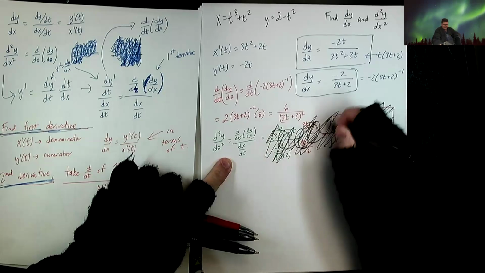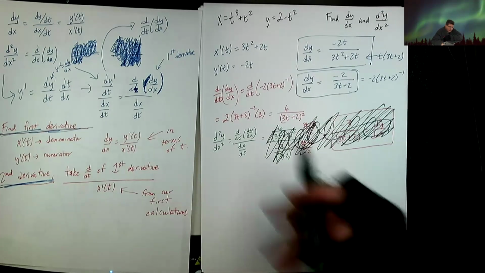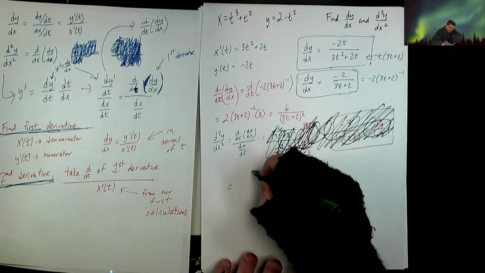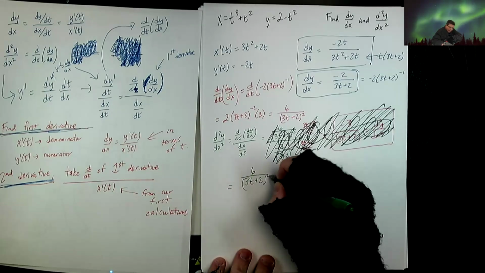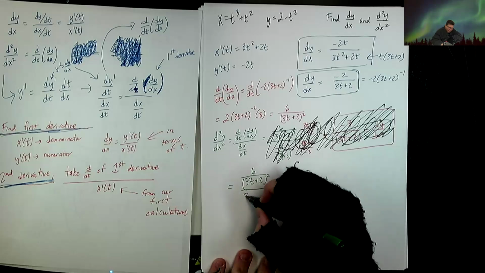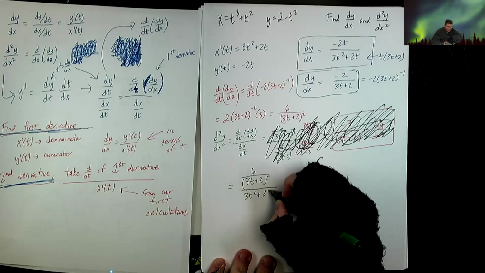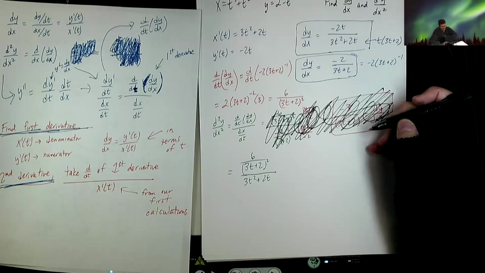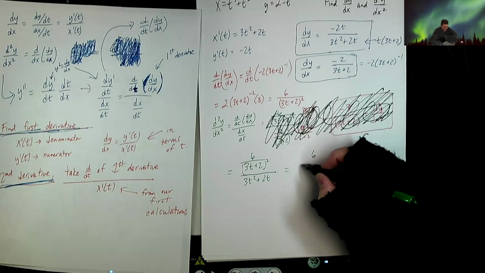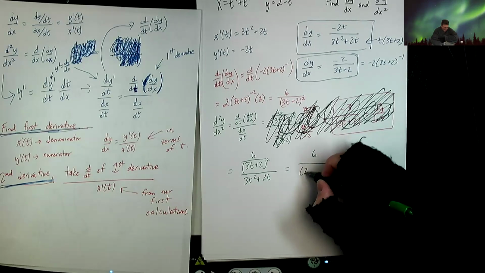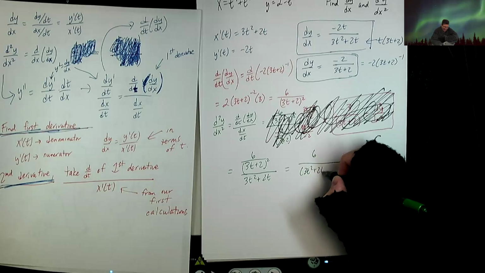Good catch. Thank you. We have the 6 over 3t squared, (3t plus 2) squared there. The bottom is 3t squared plus 2t. Ew. If we get a common denominator, it is gonna end up looking like that.